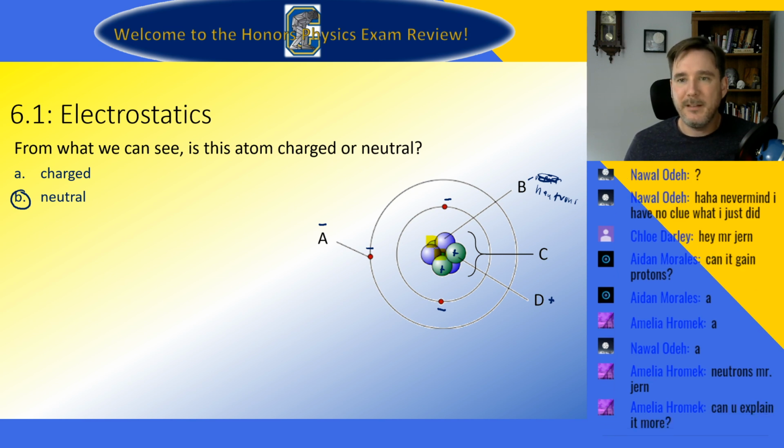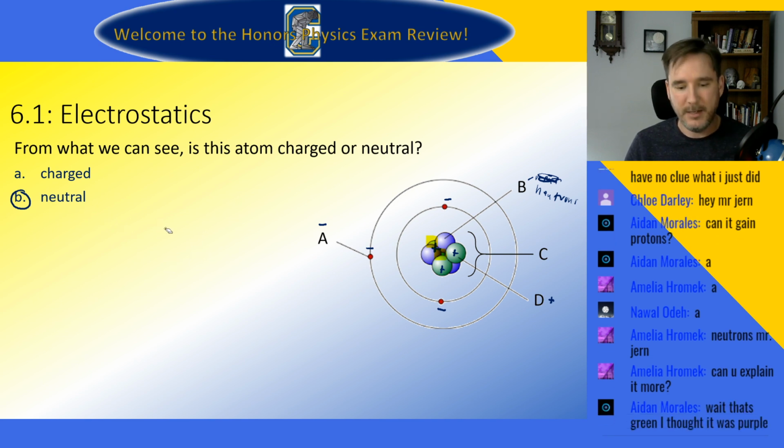Basically, what I'm seeing is we got 3 positives and 3 negatives, which means it's going to be neutral. It's spelled right here. So it's going to be neutral because we have the same number of protons, positives, as we do electrons, negatives.